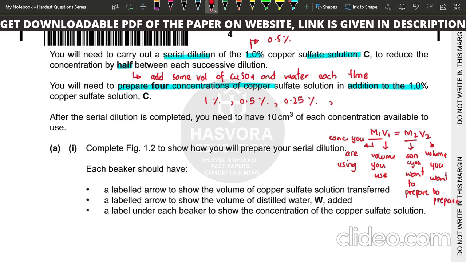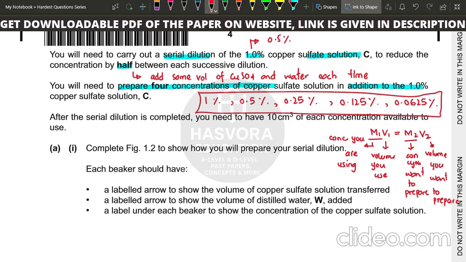Okay, then again 0.125%. So now we have 3 additional concentrations, so one more, then we will have 0.0625%. Okay, so these are the concentrations that you have to prepare.